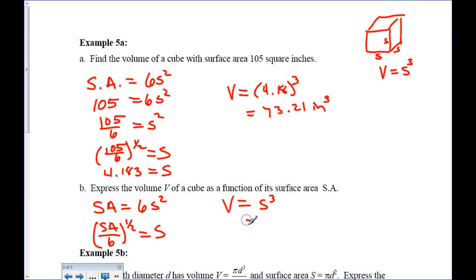So I'm just going to insert that, like this, right? So what happens to my exponents here? Yeah, so now my final answer is going to be SA over 6 to the 3/2. And that's why I leave it in fraction form. It's just easier in the end.